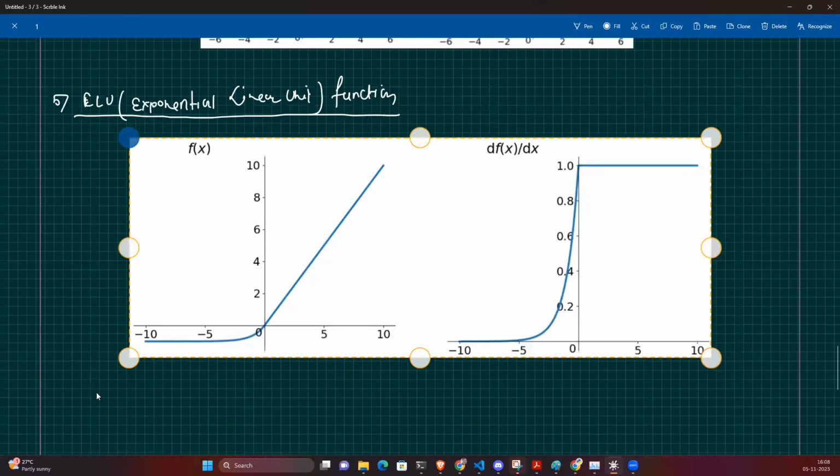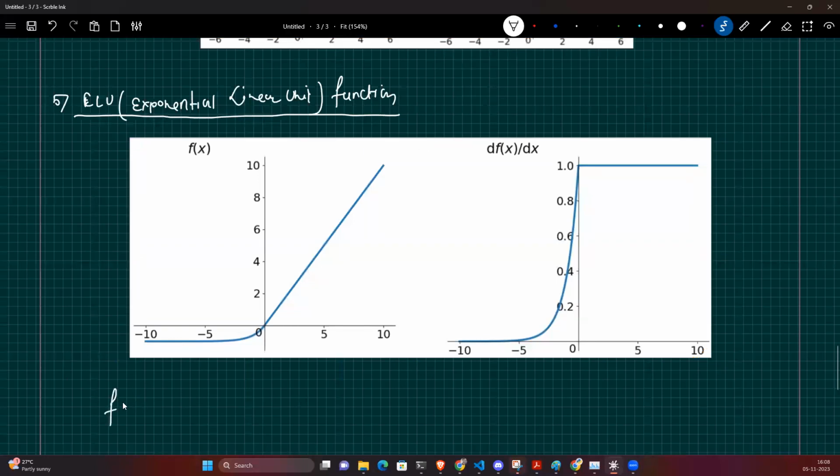In this case, if x is greater than 0, then y follows the same rule, y is equal to x. But if x is less than 0, then y will follow a different rule, which is equal to alpha into e to the power x minus 1.